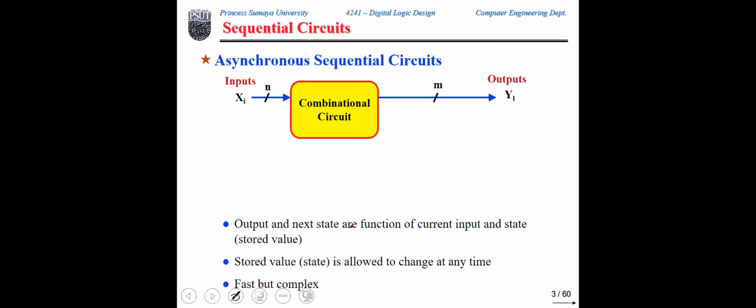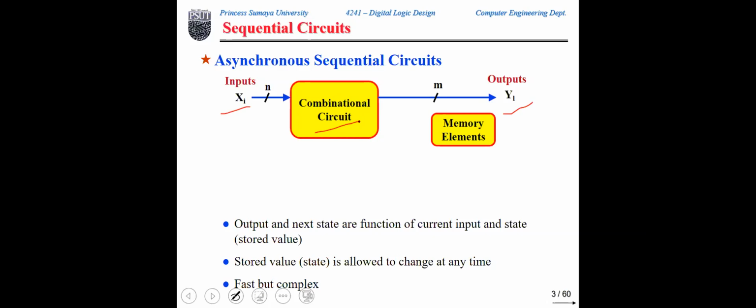It has a certain number of inputs, a certain number of outputs. However, since it is a sequential circuit, then it should have a memory element or memory storage. It should have some circuit that can memorize, which is the storage elements or the memory.